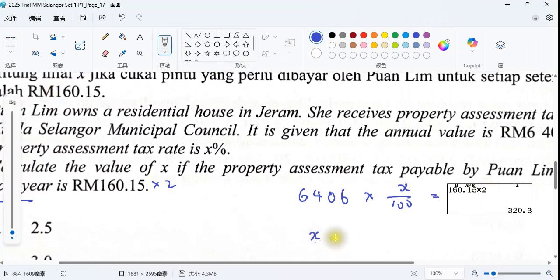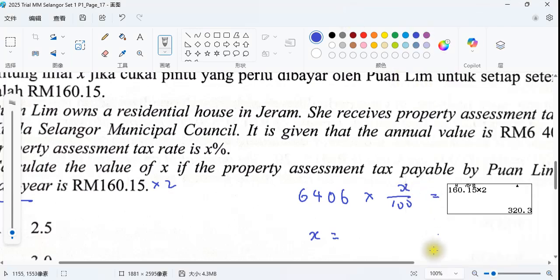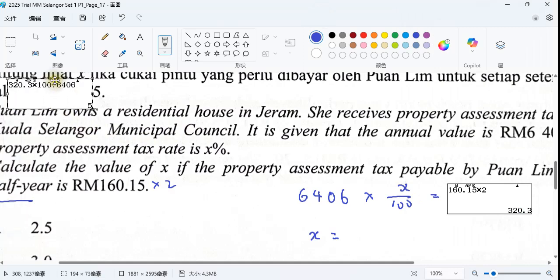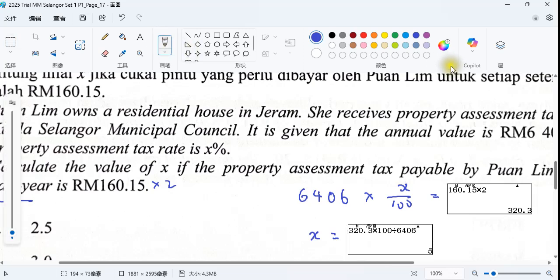Then X will be 320.3 multiplied by 100 divided by 6406. Then it is 5. So we multiply and then divide.